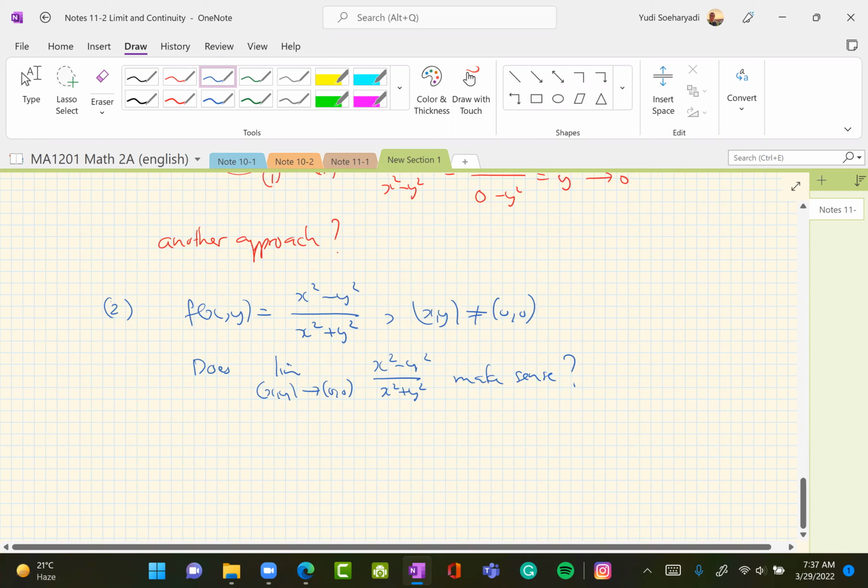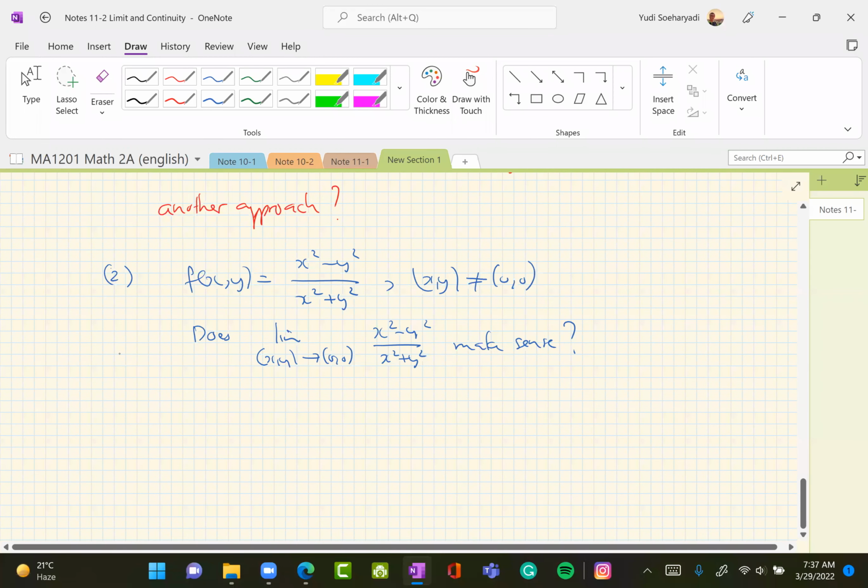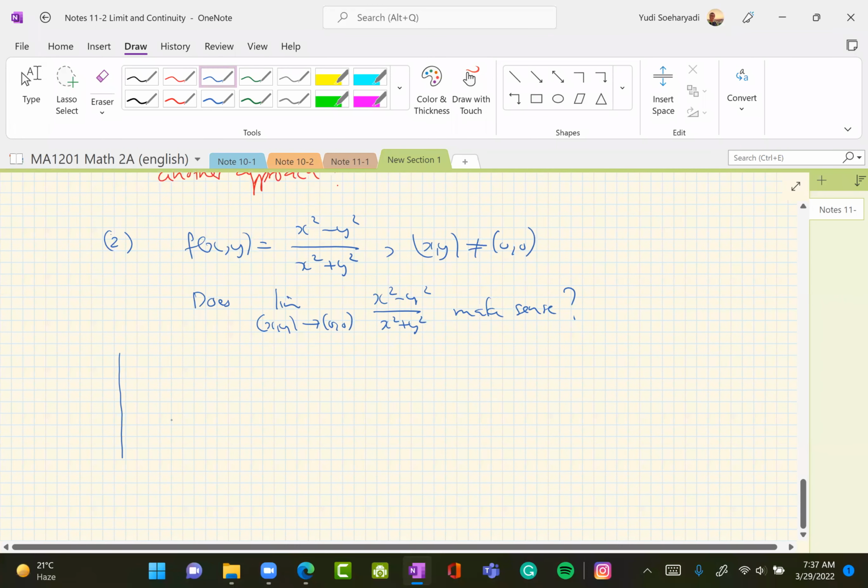Okay, so we try to approach this one here. All right, the same fashion as before. Coming this direction means y equals 0, x going to 0.